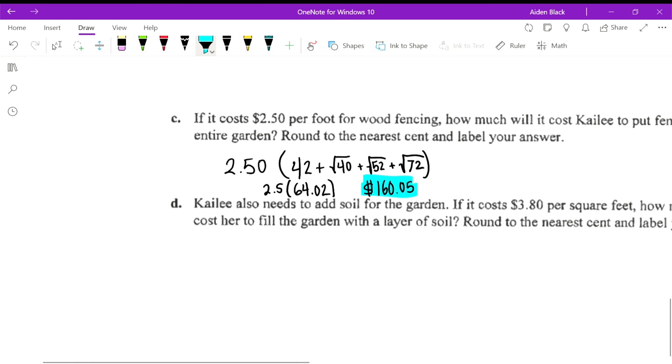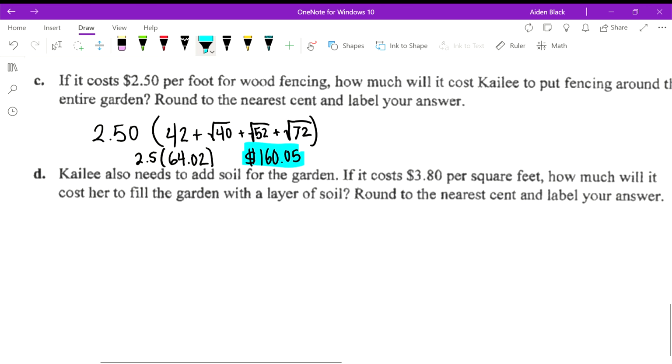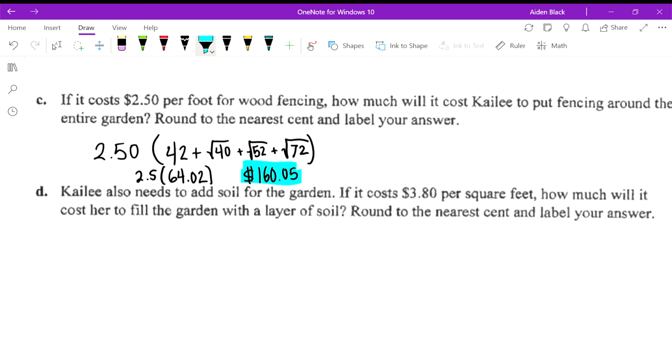Cool. This is the same idea right here with area. If each square foot costs $3.80, right? If you had 1 square foot, it would cost $3.80. If you had 2 square feet, it would equal $7.60, right?